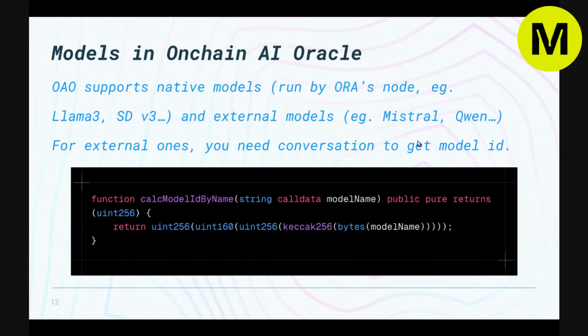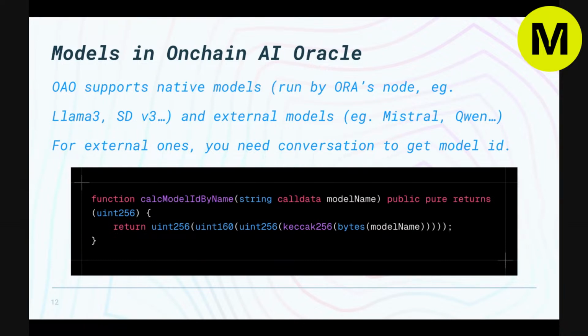And we also have external models, and these external models are not run by Aura's node network. So for these external models, we'll need to do a little bit of conversion to get the model ID.